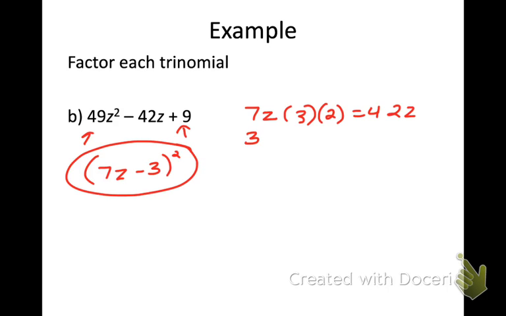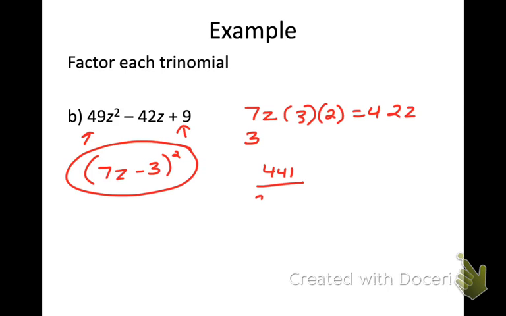Or I could go the long way and do 49 times 9, which is 441, and then find factors of 441 that get you to 42. So it looks like probably 441, and 21.